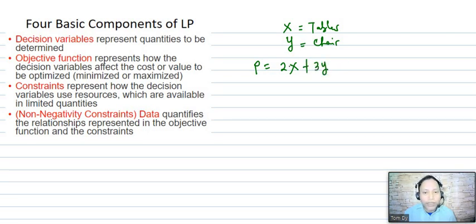This 2 here is the amount, let's say, in pesos or in dollars. So in pesos, let's say we will change this into 20 pesos or 30 pesos.